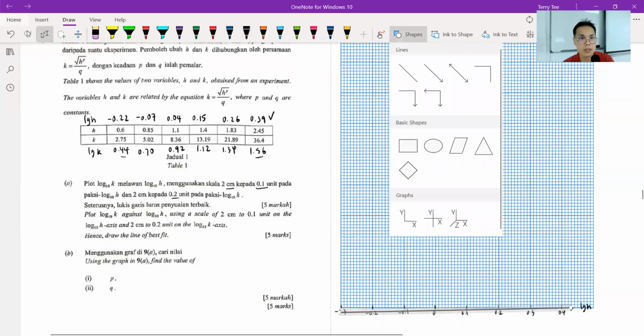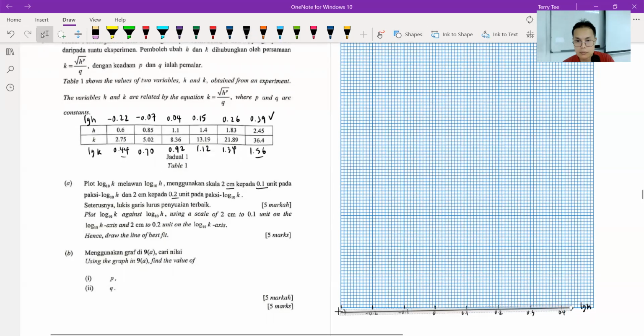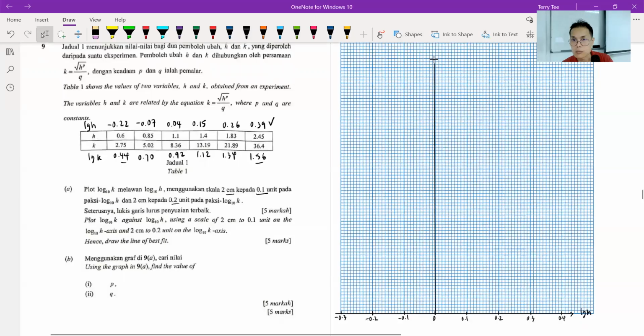For the vertical axis, let's start from 0 all the way up. Now, how high up? We're not sure, maybe up to here for now.